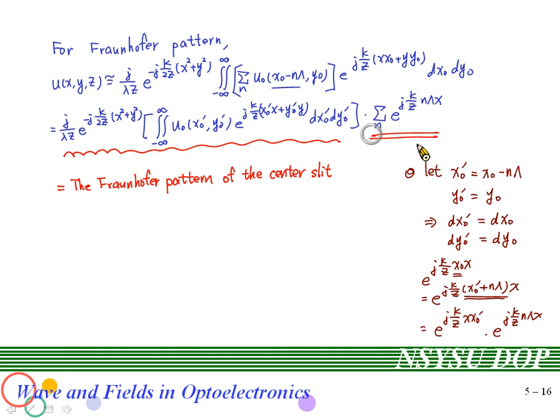What will be the second part? The second part is just like a factor, right? So the result can be considered as the Fraunhofer pattern of the center slit times a factor, a function of theta and phi. We call this one the array factor.